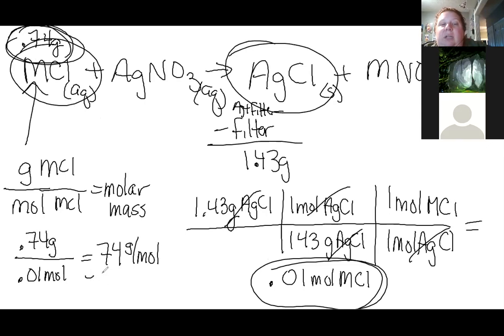I know that chlorine has a molar mass of about 35.5, 35.45. So if I subtract that, I get, was that 38.5? Yeah. So if I look at what my choices are for that problem, the positive ion that's closest to that is potassium.